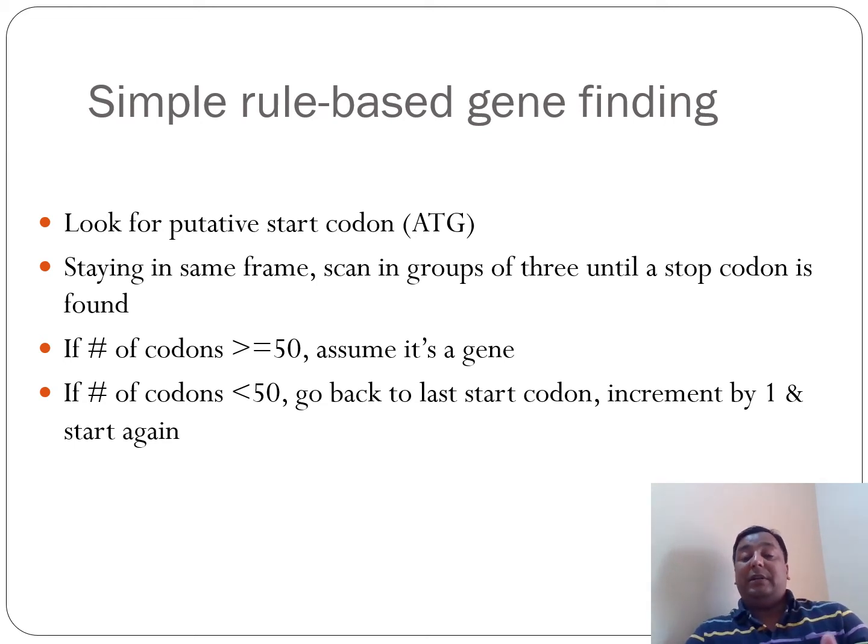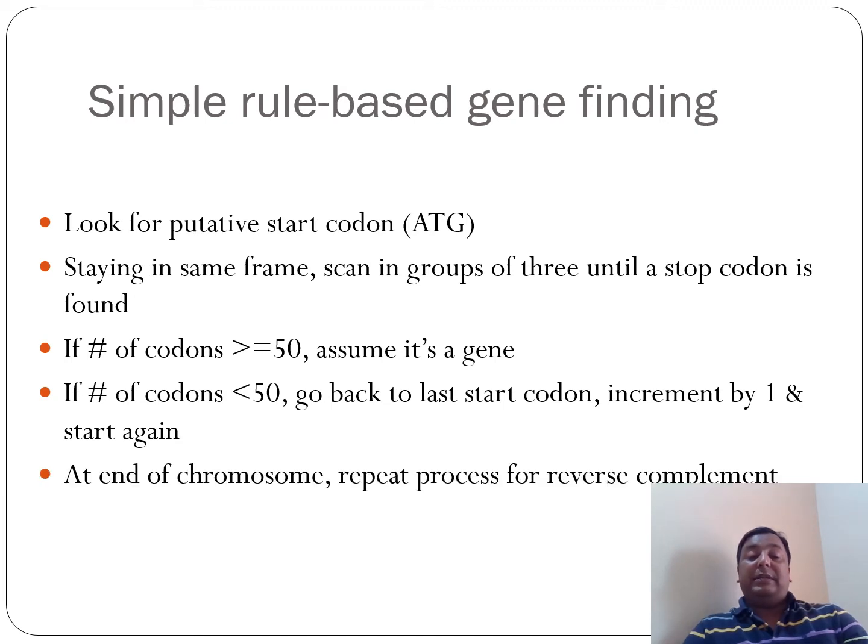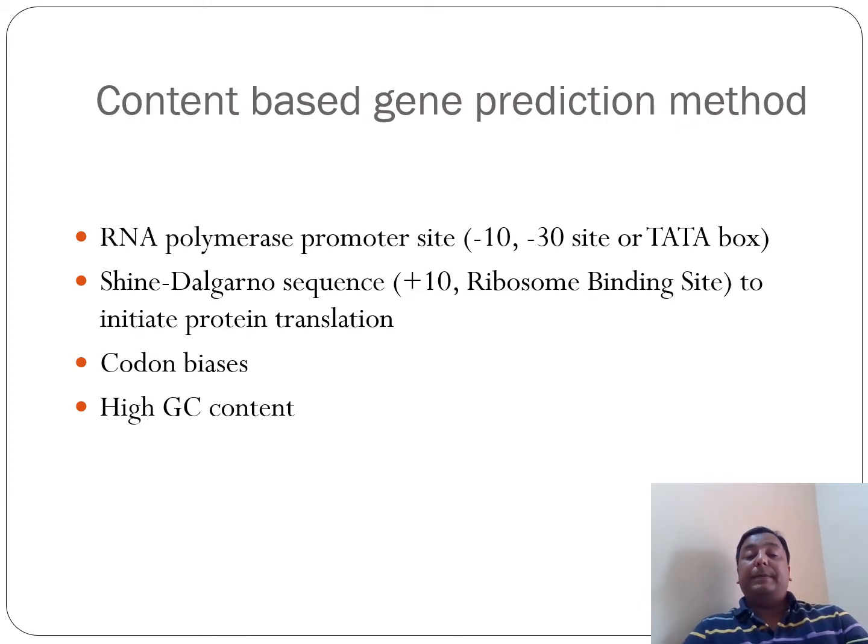So it is the start codon. So always one increment will be there in the sequential levels to get that start codon to initiate the transcription. So increment by 1 and start again. So this is the concept. At the end of the chromosome, repeat the process for the reverse complement.